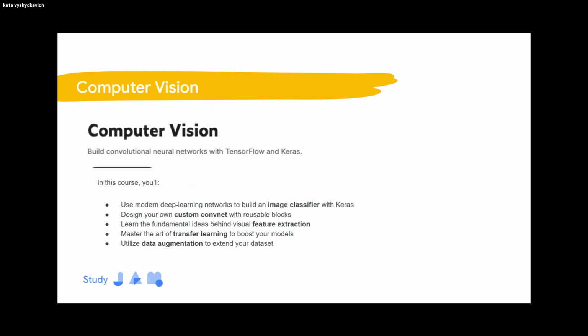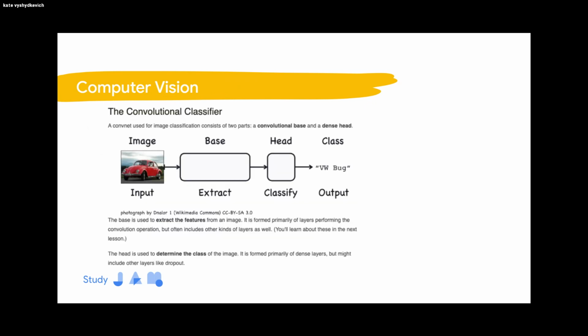Let's recap Kaggle's computer vision course, where we learned to teach computers to see through image classification. This is important because computer vision is rapidly transforming industries from autonomous vehicles to medical diagnostics. This course focused on practical computer vision skills.